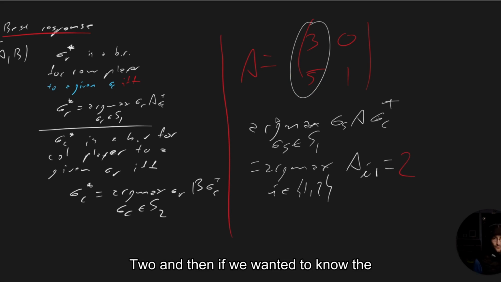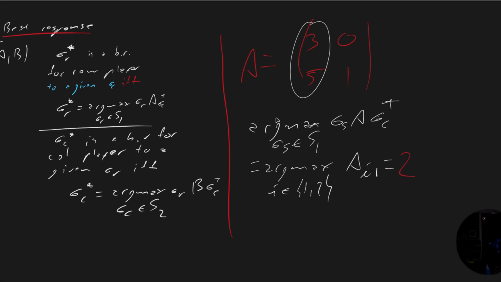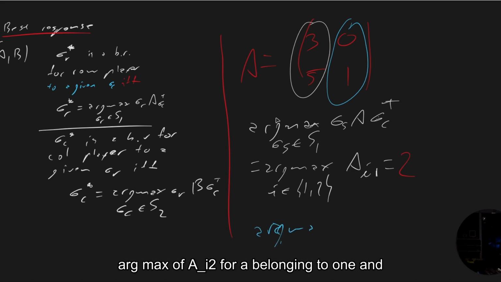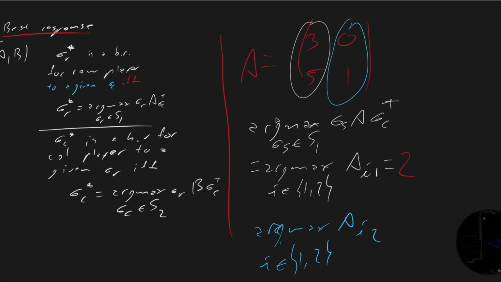And then if we wanted to know the arg max of being in the second column, so now we've got arg max of a_i2 for i belonging to 1 and 2.